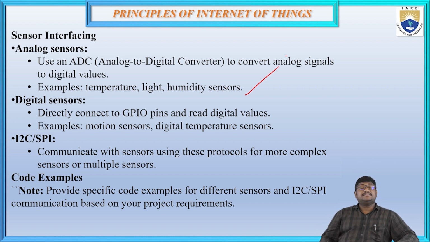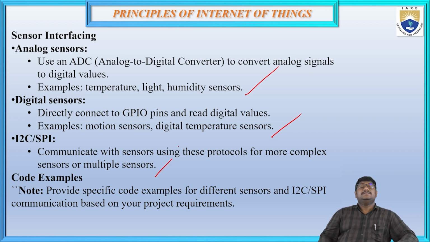And coming to digital sensors, we use them directly by connecting to the GPIO pins for reading the data values. The best examples for these digital sensors are motion sensors and digital temperature sensors. And coming to I2C or SPI, here we communicate with sensors which use these protocols, for more complex and multiple sensors.